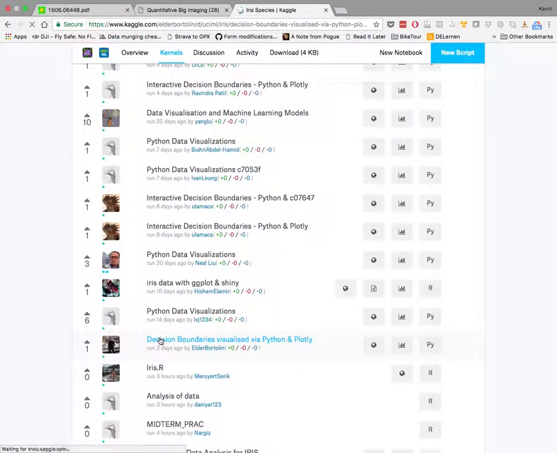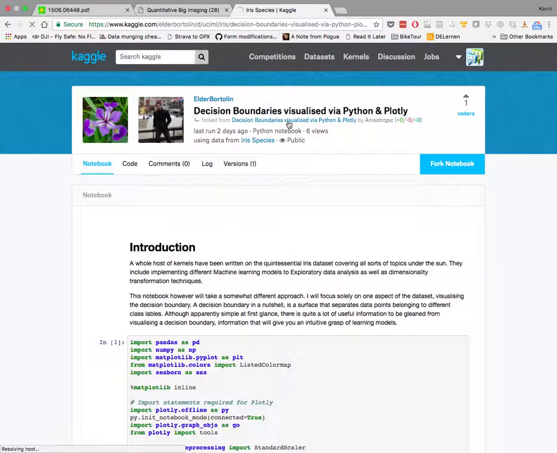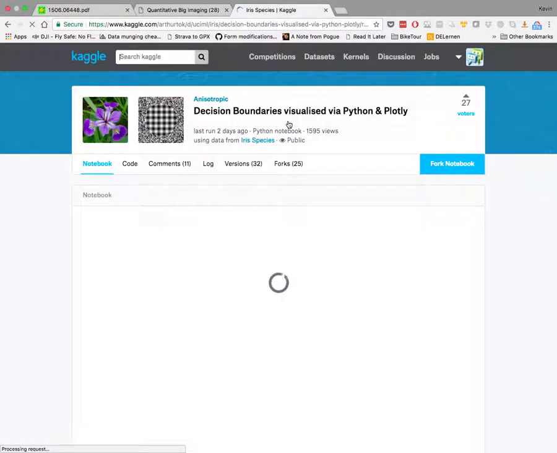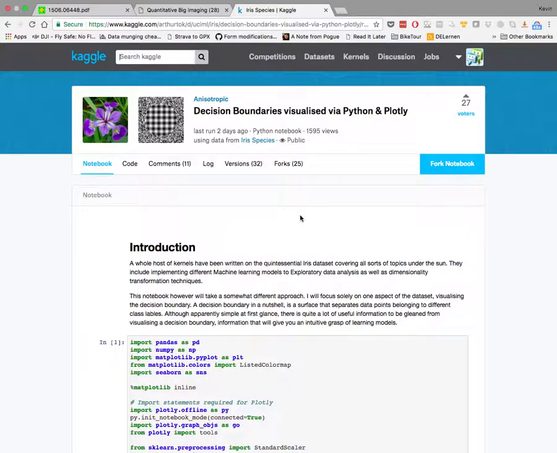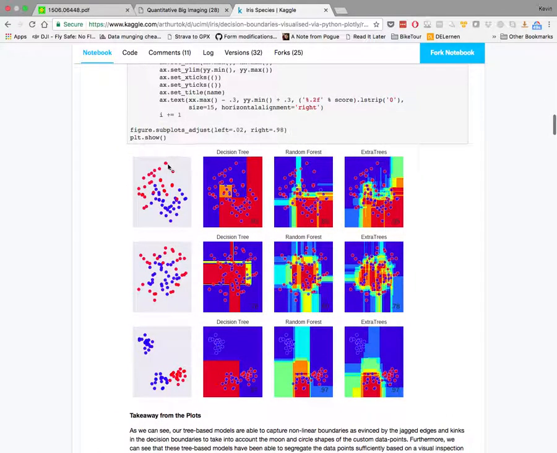Like this one is quite cool for looking at decision trees and boundaries. This is a fork of the original one, where you can start to see how this data looks and what other things you can do with it. Here you see those different flower groups that we had before.